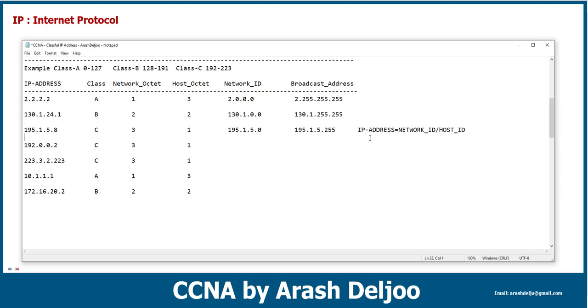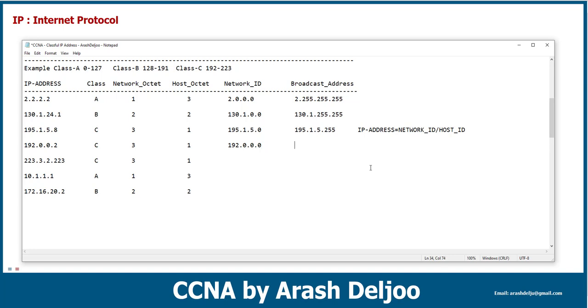For example, in this example, as you can see, 195.15.0 is the network address or network ID. After that, we have the broadcast address, where I used 1 for all of the host bits. After that, again, we have another class C IP address 192.0.0, then 0. This is the network ID or network address.